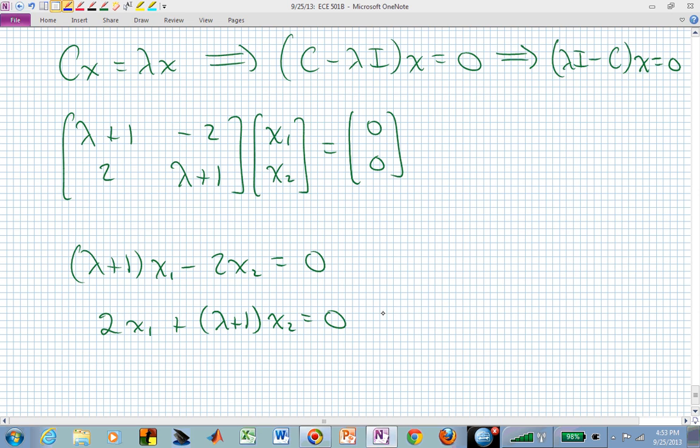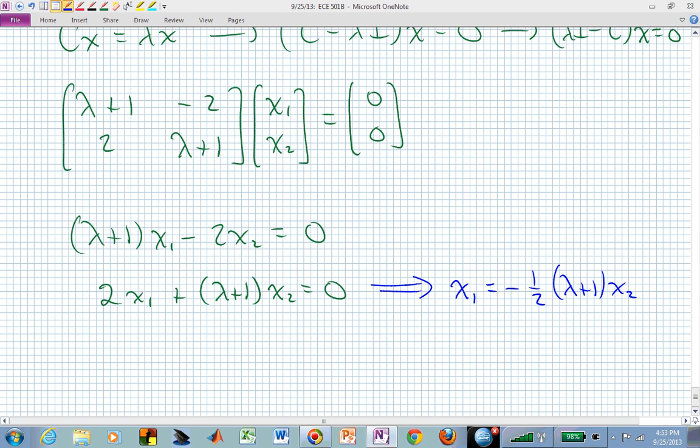If I do the same approach that I did before and solve this bottom one for x1, I see that that produces this relationship between x1 and x2. And if I now plug that back into the first equation, I have minus 1/2 lambda plus 1 times lambda plus 1 times x sub 2 minus 2 x sub 2 equaling 0.